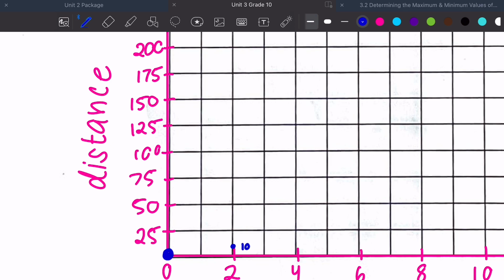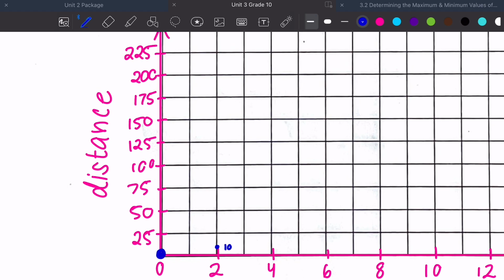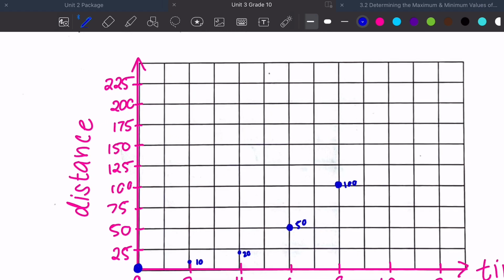It's a curve of best fit. 4, 20, so that's going to be right below here. We'll call that 20. And we're going to keep going. We've got 6, 50. That one I've got a clear point for. So that's 50. And then I've got 100. And then I've got 160. So that's going to be a little above 150.